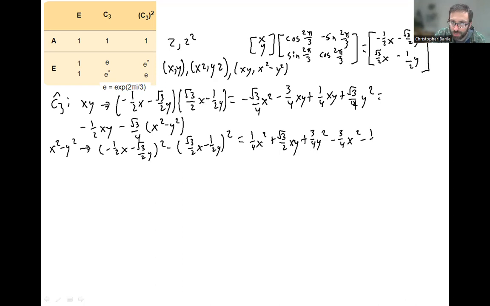Then we're going to have a negative 1/4 y squared and a plus root 3 over 2 xy. And so we can combine like terms here, and we end up getting negative 1/2 x squared plus 1/2 y squared plus root 3 xy. That was the root 3 over 2 xy plus the root 3 over 2 xy.